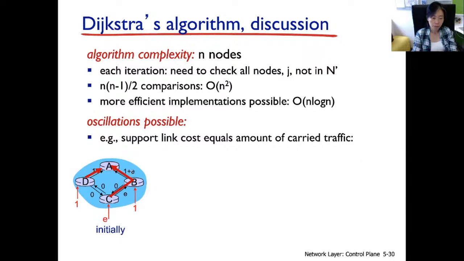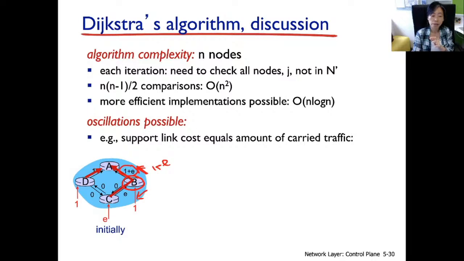So let's see. B here will see 2 possible paths to go to A. One is to go counterclockwise to A, the other clockwise to A. So this direction here, the cost is what? 1 plus e, because there's only one link and the link cost is 1 plus e.